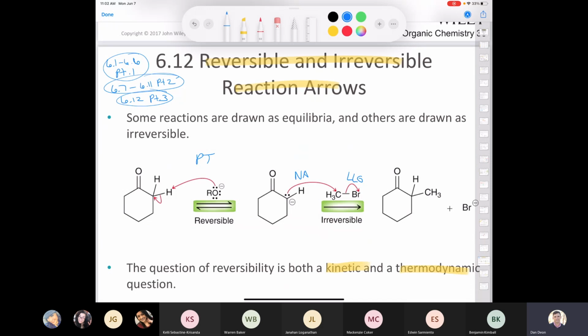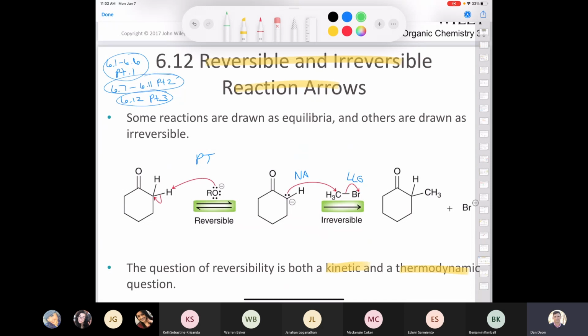And this is just one of those things that comes up time and time again in Organic Chemistry 1 and in Organic Chemistry 2. Out of David Klein's textbook, there is only one chapter and section that I have memorized, and it's this section.